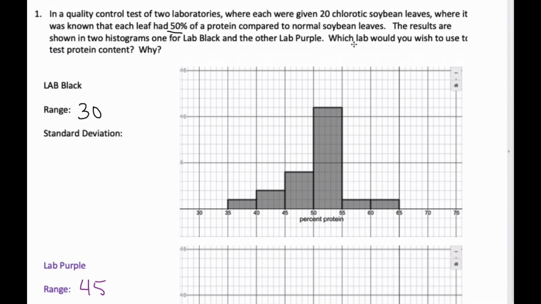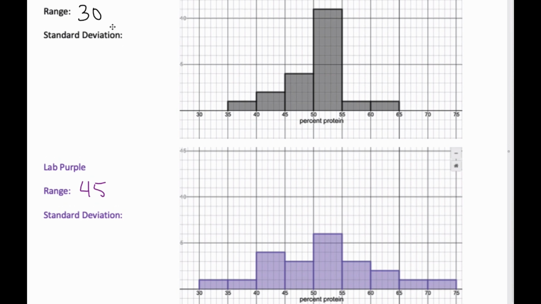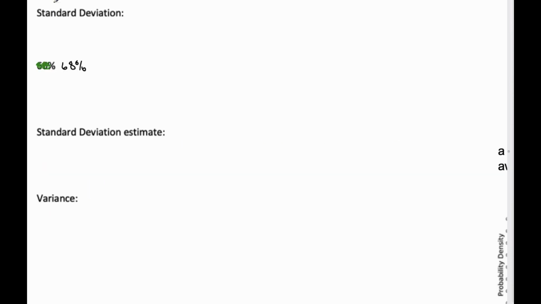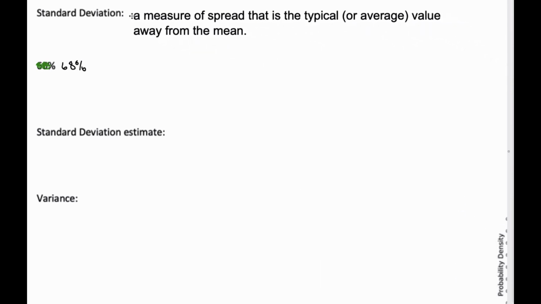And I'm really trying to address which you would choose to test the protein content. But let's talk about the standard deviation, which we haven't really done much. The range is quite easy to see, but what would a standard deviation be in these cases? In general, a definition for standard deviation is this: it's a measure of spread that is the typical or average value away from the mean.